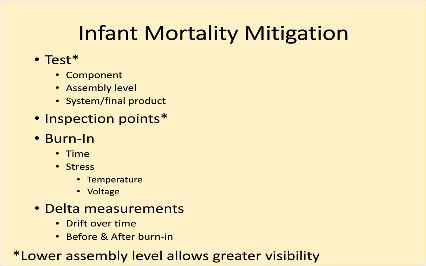And the reason for that is you want to accelerate latent defects to show up as faults and eliminate them before they go out in the field. In burn-in, it's very important to select the stress level and the time period so that you don't degrade the overall life of the product. Errors in the burn-in process can do that.